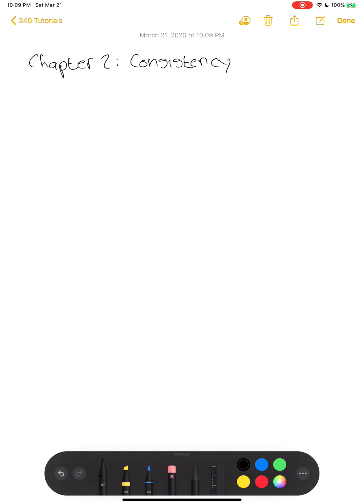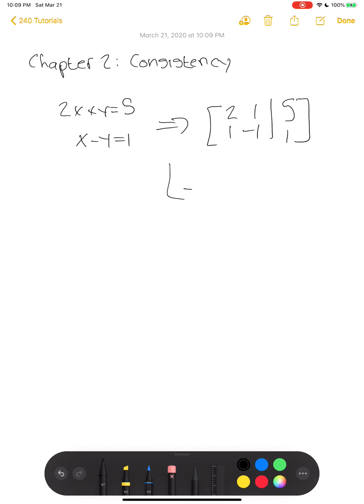But last video we covered this system of equations, 2x plus y is equal to 5, and x minus y is equal to 1. We were able to put this into the following augmented matrix, augmented with 5, 1, and we found that our solution to this equation was x equals 2 and y equals 1.